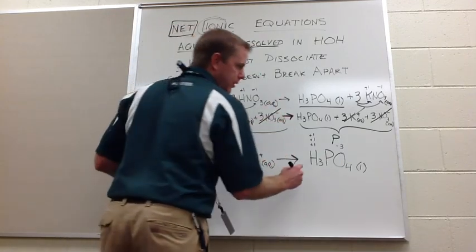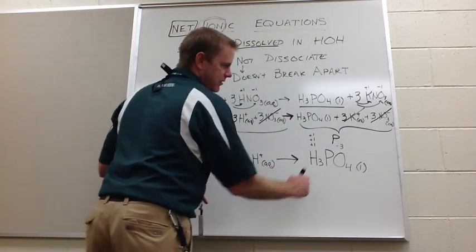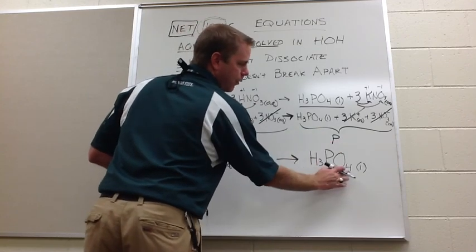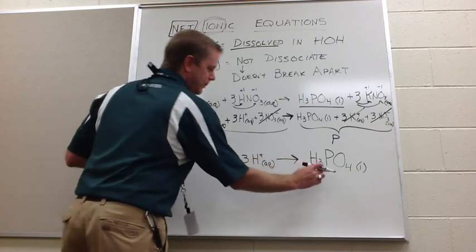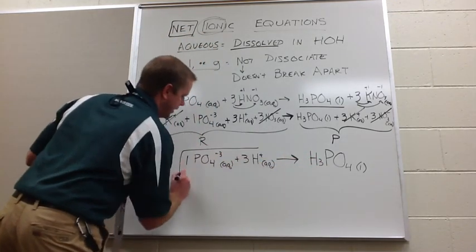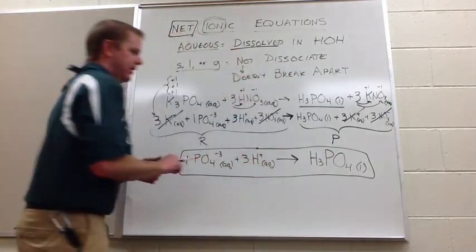And there's only one of them, right? Well, there's one PO4 that's there, and the 3 hydrogens is there. And so this is the compound that is formed, phosphoric acid, when we end up taking these two things and putting them together. So the net ionic equation, what actually happens in the beaker, the reaction, is that.